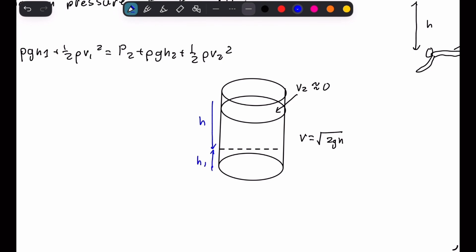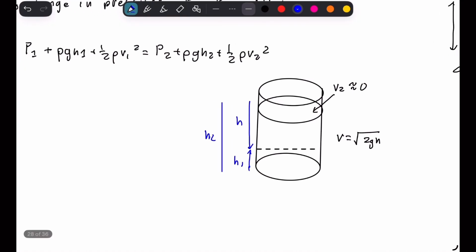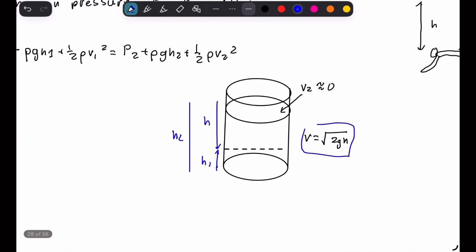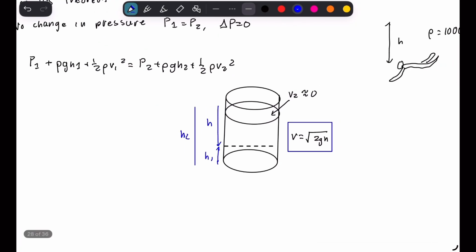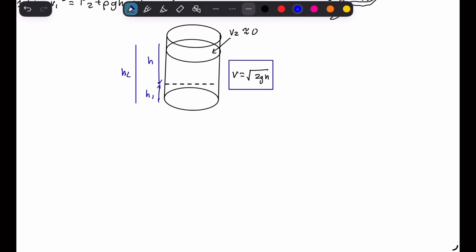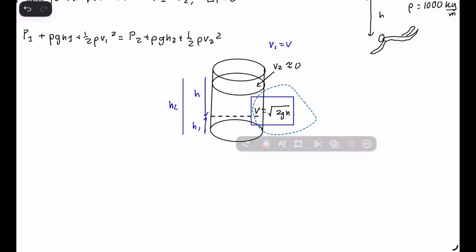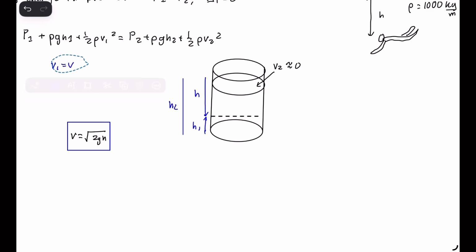This is going to be height 1. And then this combined height, we're going to call height 2. So Torricelli's theorem states that V is equal to the root of 2GH. In this scenario, P1 is equal to P2 and V1 is equal to V. So these conditions we can write over here. V1 is equal to V.